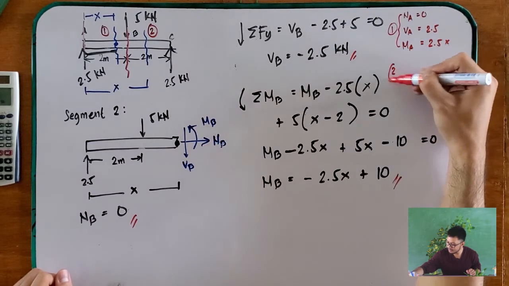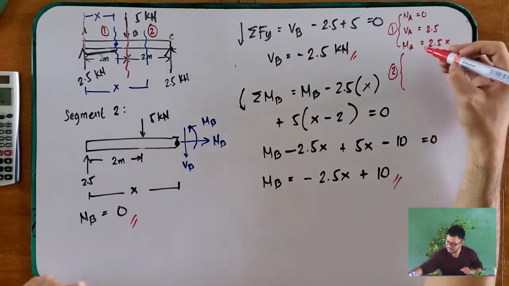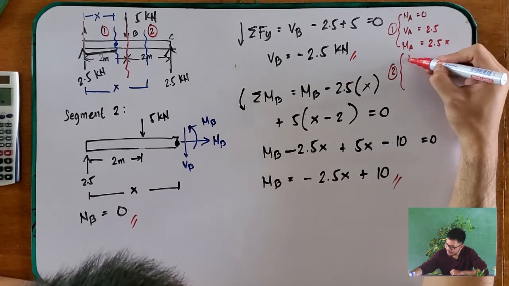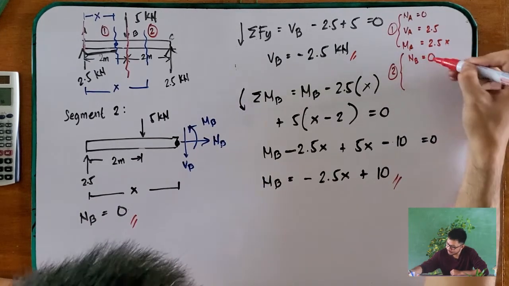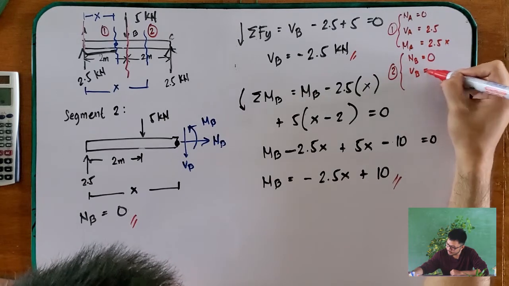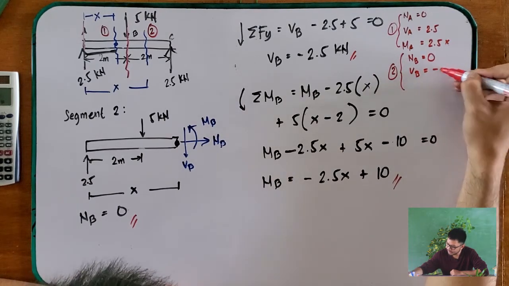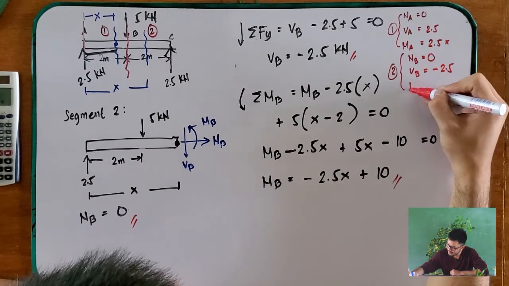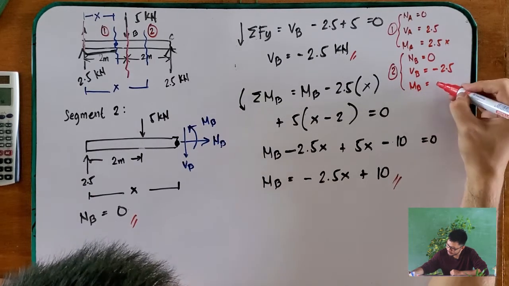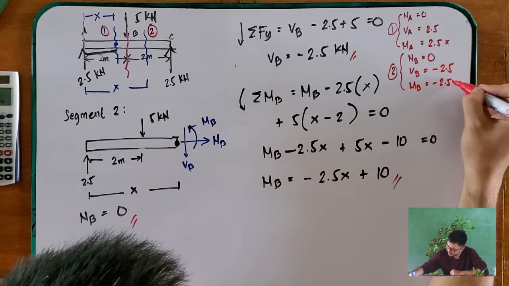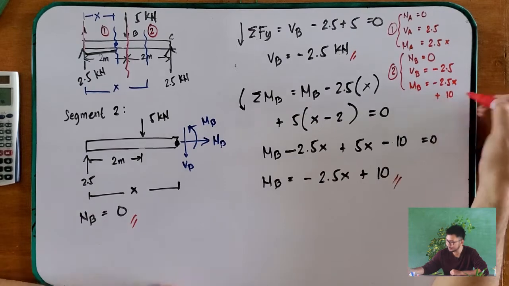So sa segment 2 kanya pud sila. NB is equal to 0, VB is equal to negative 2.5, and MB is equal to negative 2.5x plus 10.